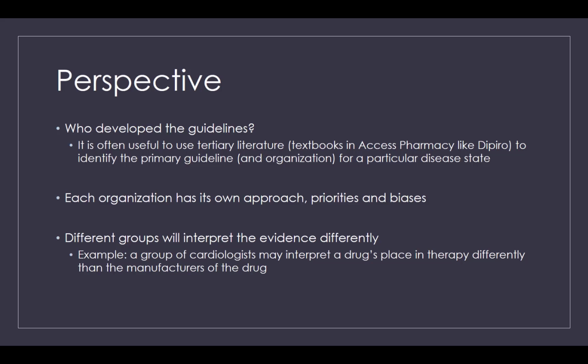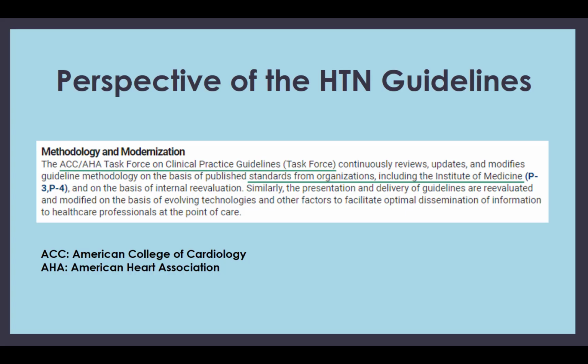And organizations can be government agencies, professional societies, nonprofit, patient-oriented groups, and then for-profit and not-for-profit providers. It's often nice to see when guidelines join groups across agencies. So having a government agency along with a professional society, along with a patient care group, helps to remain unbiased. In the hypertension guidelines in their methodology section, you can see that they are written by the American College of Cardiology and the American Heart Association Joint Task Force on Clinical Practice Guidelines.